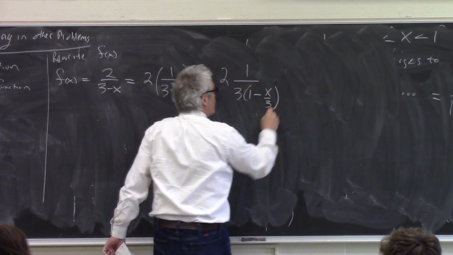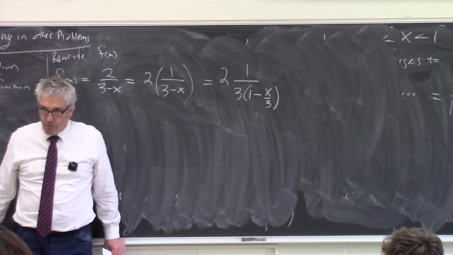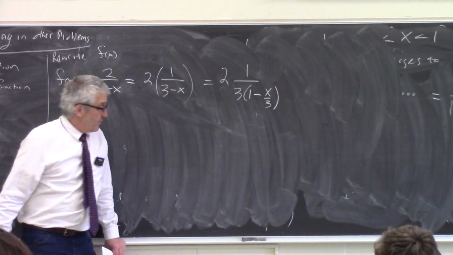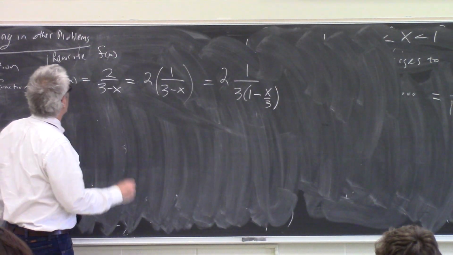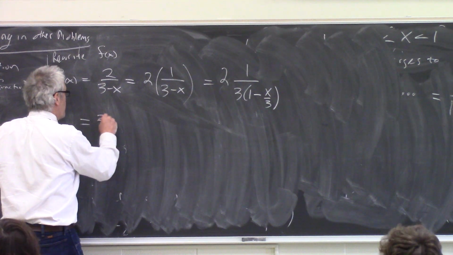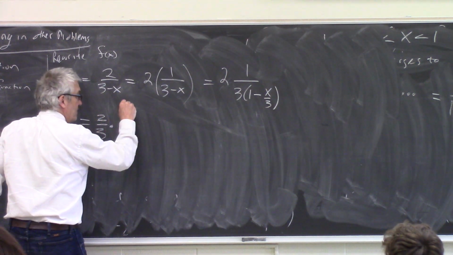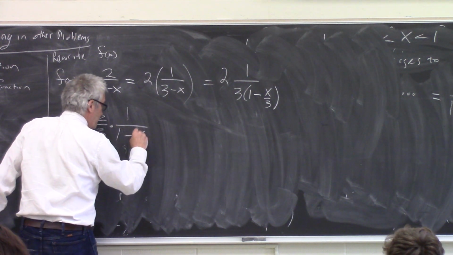If I factor out a 3, then I have to put x over 3. So f of x is 2/3 times 1 over 1 minus x over 3.